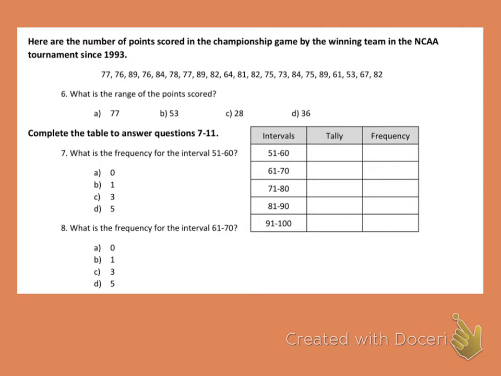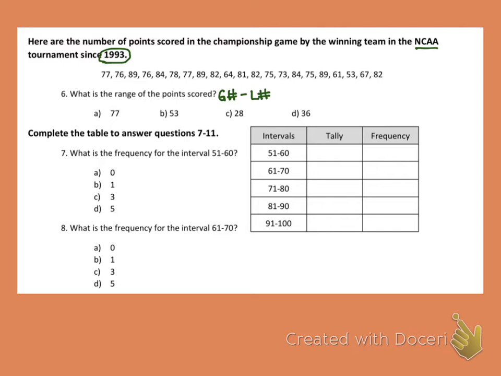It says, here are the number of points scored in the championship game by the winning team in the NCAA tournament since 1933. This is not updated to 2020. What is the range of the points scored? Remember, range is your greatest number minus your least number.